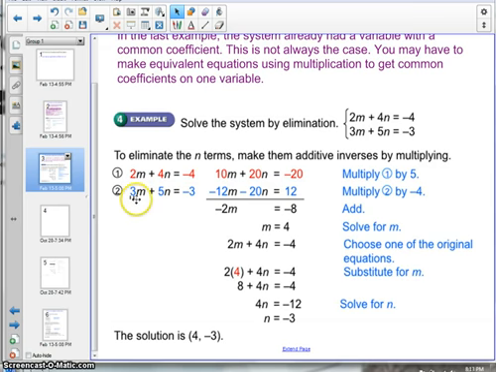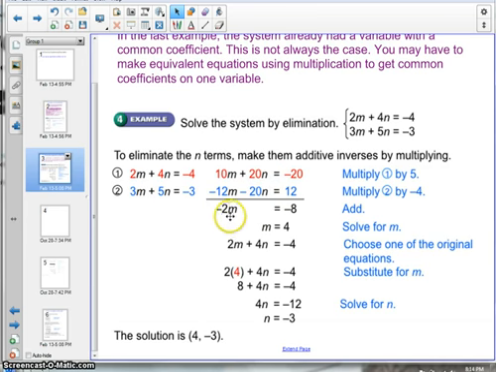So negative 4 times 3m is negative 12m, 5n times negative 4 is negative 20n, and negative 3 times negative 4 gives you 12. So now you see that by doing this multiplication we have a positive 20n and negative 20n. That makes those additive inverses, which means that they're going to be eliminated once we add them.